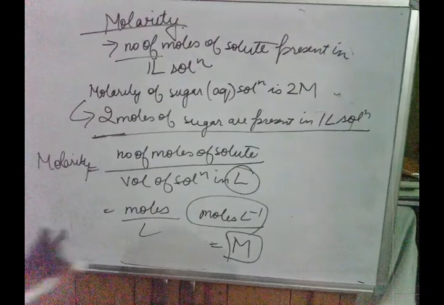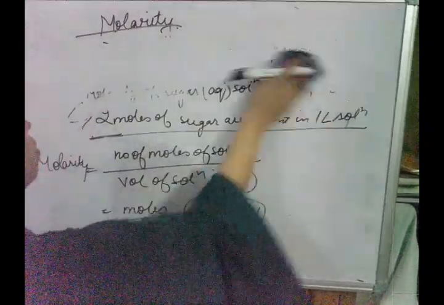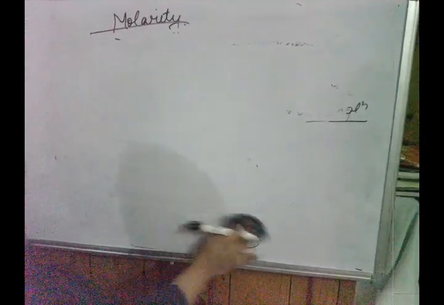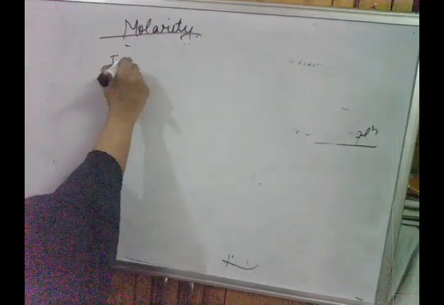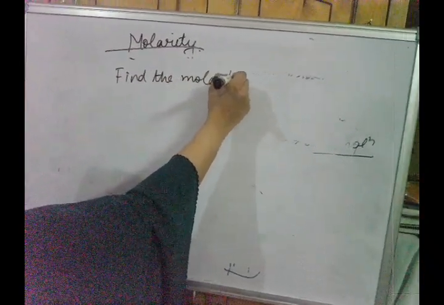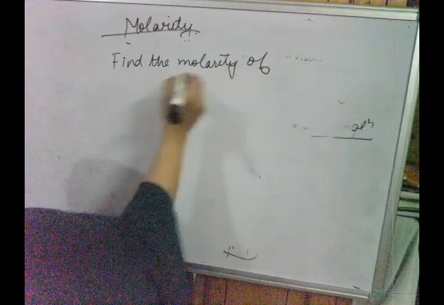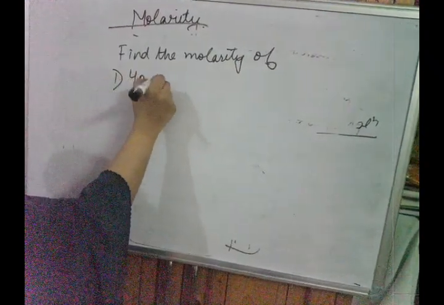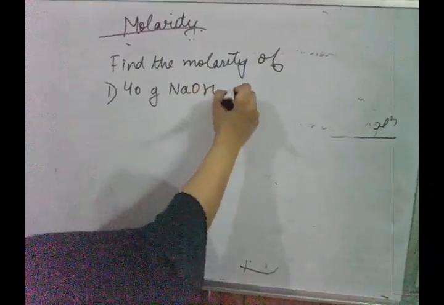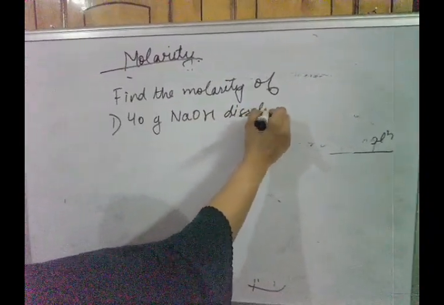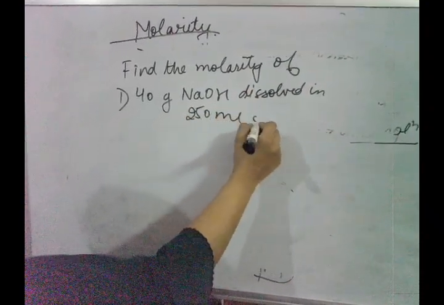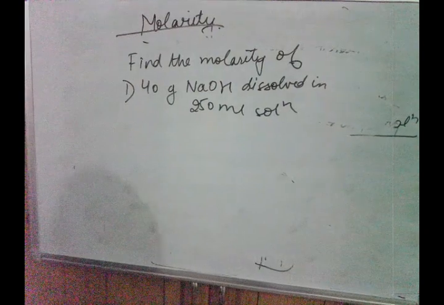Now this part would be more clear with the help of an example. Find the molarity of 40 grams NaOH which is dissolved in 50 ml solution.